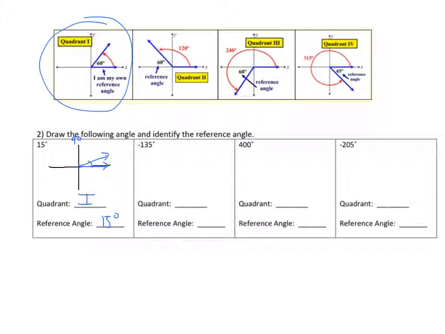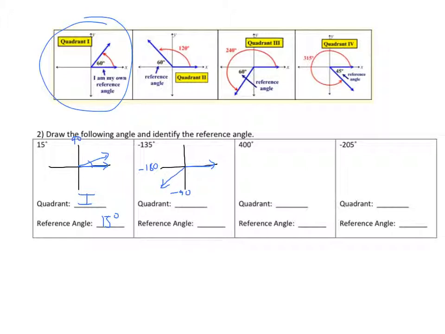Okay, and negative 135 for our next one. Draw our axes. This time, we always put our initial side on the positive x-axis, but instead of swinging up in the counterclockwise direction, I'm going to swing down in the clockwise direction for a negative angle. Now, if this is negative 90, and this is negative 180, I'm somewhere in between there, and I'm actually right in the middle of those two.